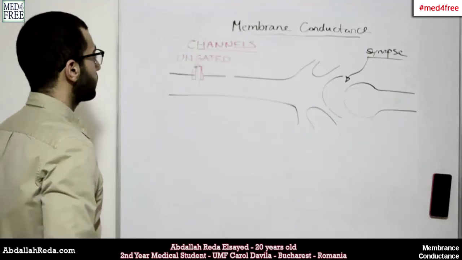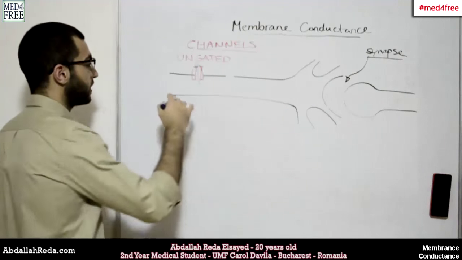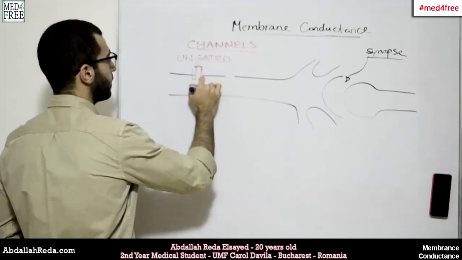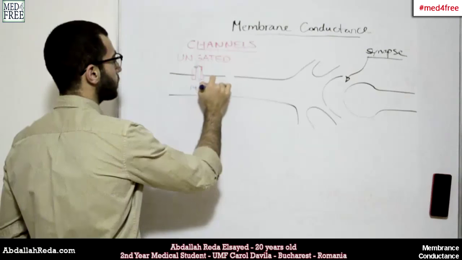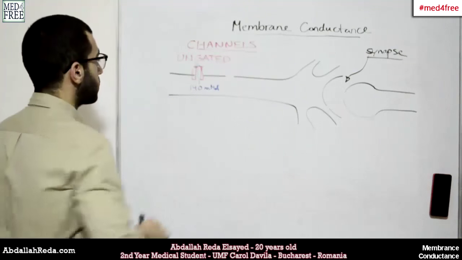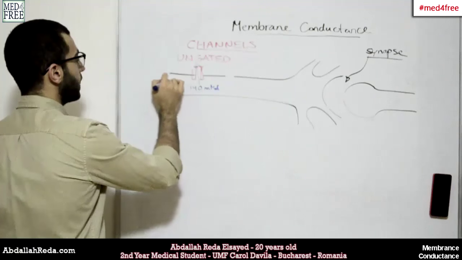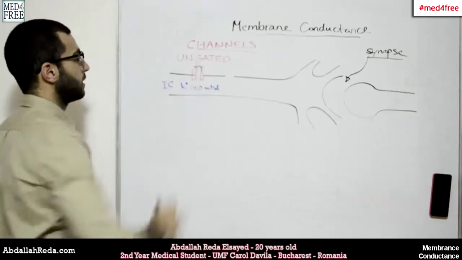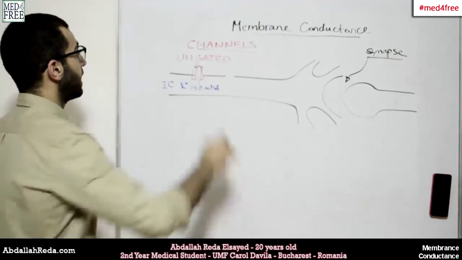And we have to know that the concentration of potassium inside, so intracellular potassium, is around 140 millimoles.